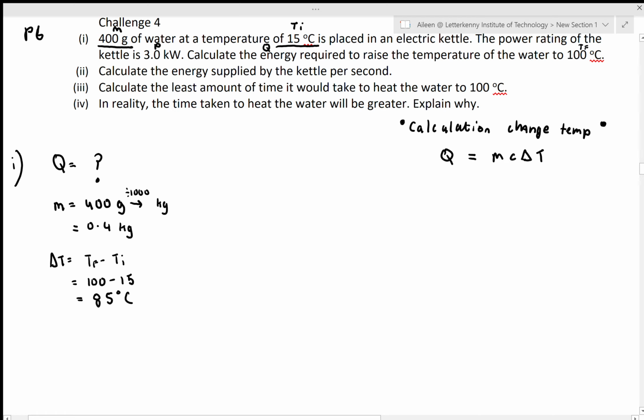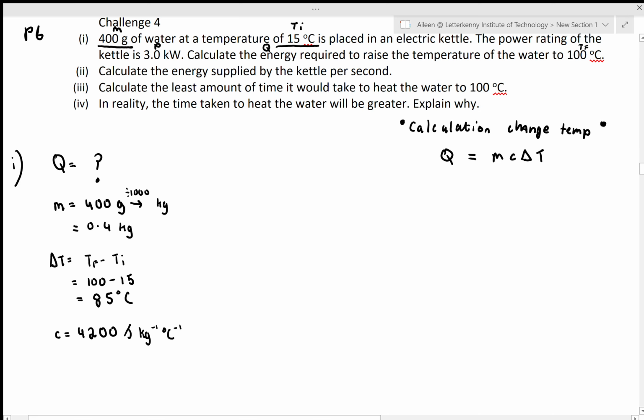Okay, we're also told the power, but to find Q, we need M, we need C, our specific heat capacity. So this is given in the question, 4,200. So I think I accidentally cut that off for you guys, but you are told that the specific heat capacity, it's of water, so we know it is 4,200 joules per kilogram per degree Celsius.